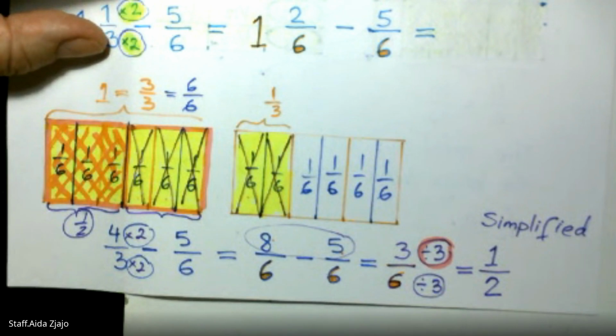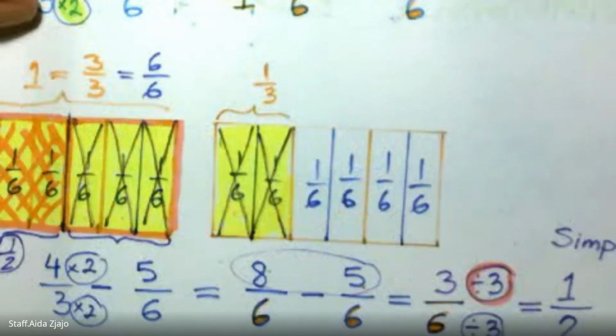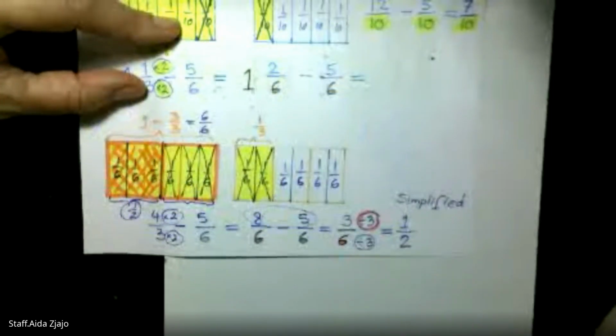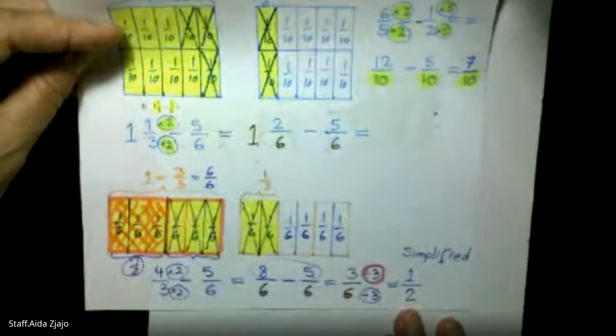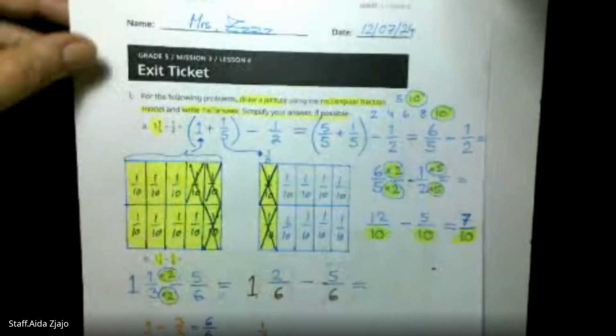Okay, I hope that was understandable. This was number 2 on your exit ticket, lesson 6, module 3, 5th grade. And this was Mrs. Z.